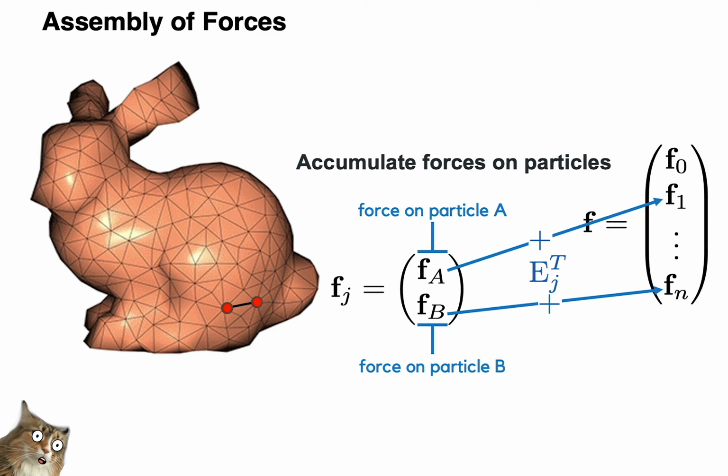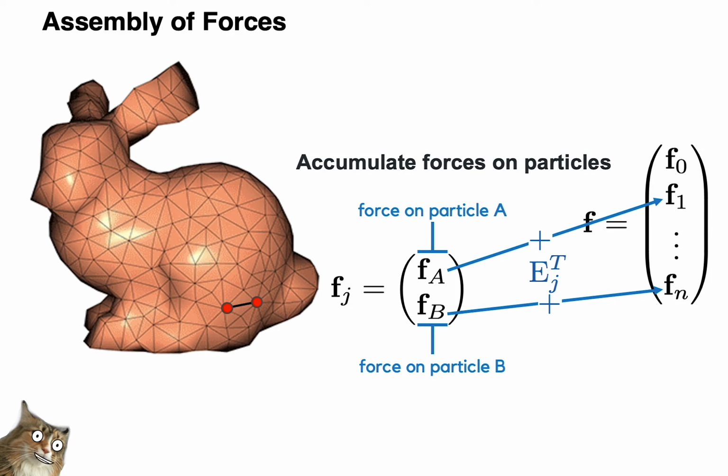We compute the generalized force F_j, which is just the stacked vector of three-dimensional forces acting on the endpoints of the spring. Multiplication by E_j transpose places those forces in the appropriate positions in our global force vector. In this case, those are the second and the last position.